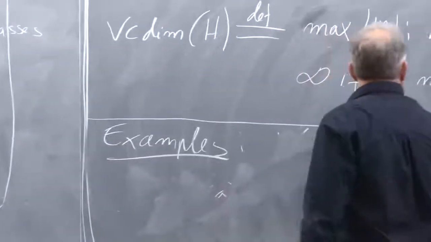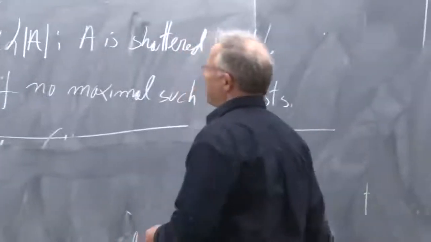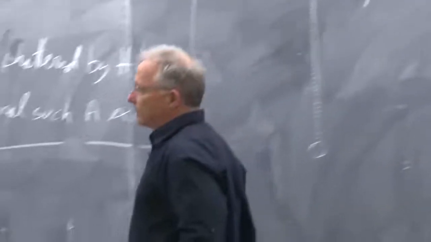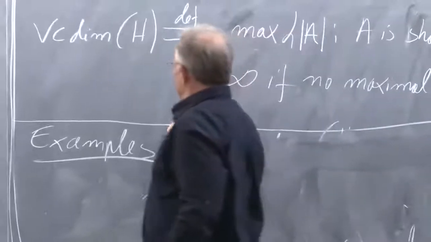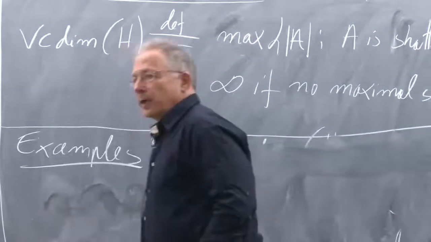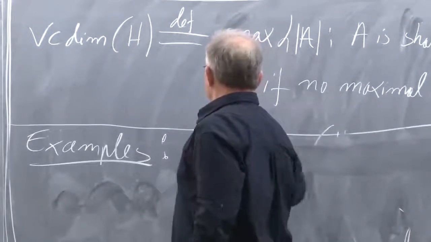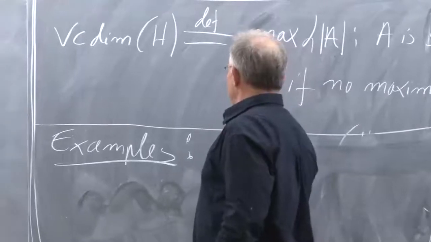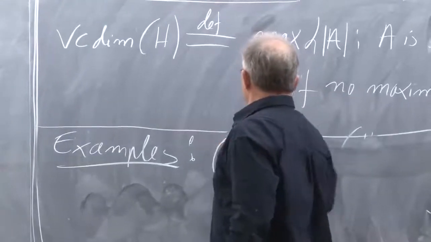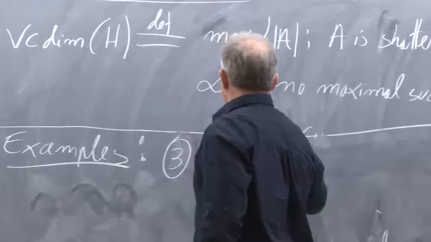So here we have the definition of VC dimension, which is based on the definition of shattering. And let us now consider another very natural class. So here is another example, example 3. Let X be, again, the real line.